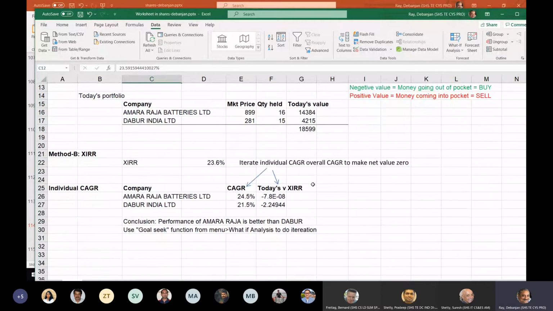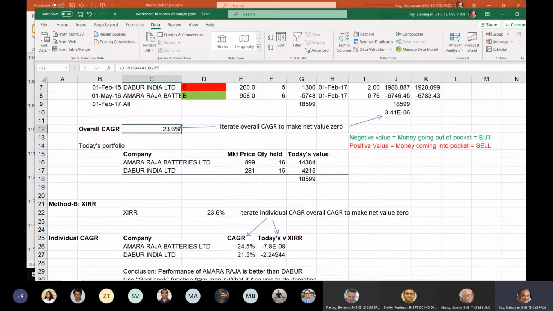There's a second method which is automated. There's a built-in formula, XIRR. With XIRR, you can also do the same thing, and you can see how this method is calculated.